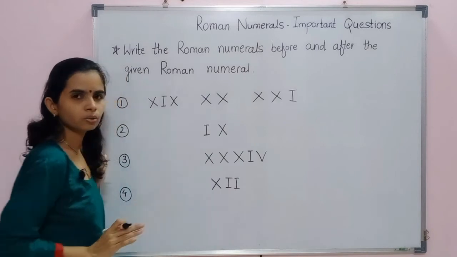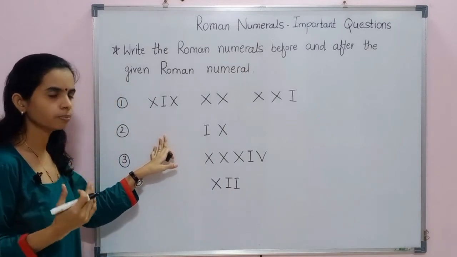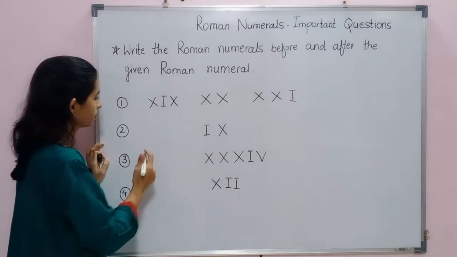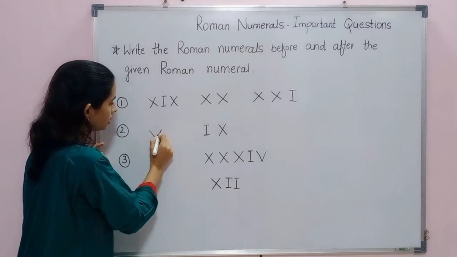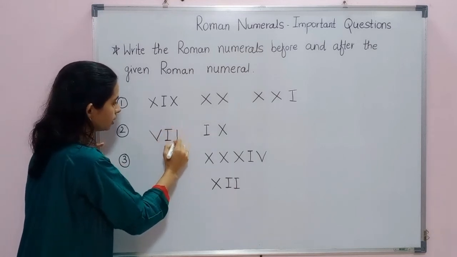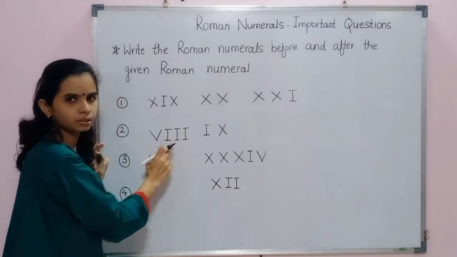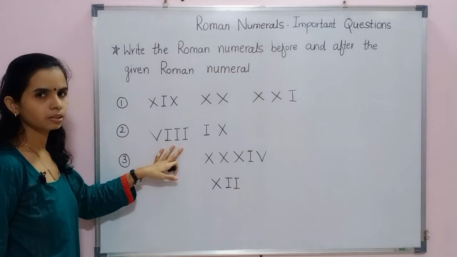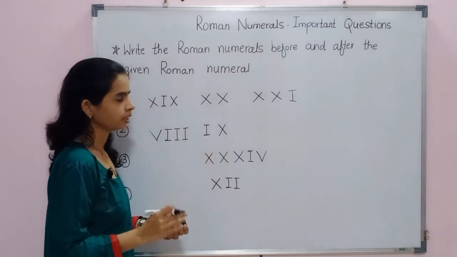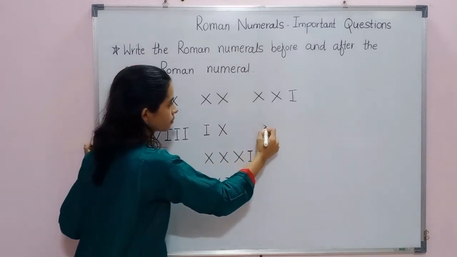And to find its predecessor, we will again subtract 1 from this 9. So here we will get 8. And the symbol for 8 is V, means 5, and 3 times I. 5, 6, 7, 8. It represents the number 8. The successor of 9 is 10 and the basic symbol for 10 is X.